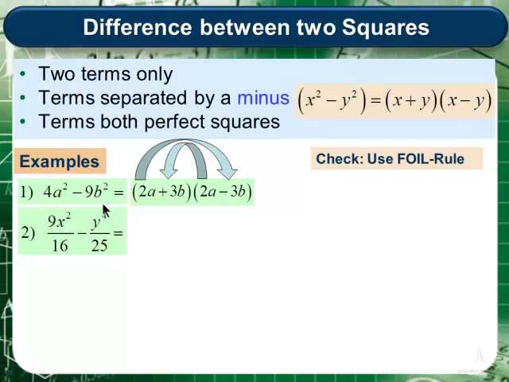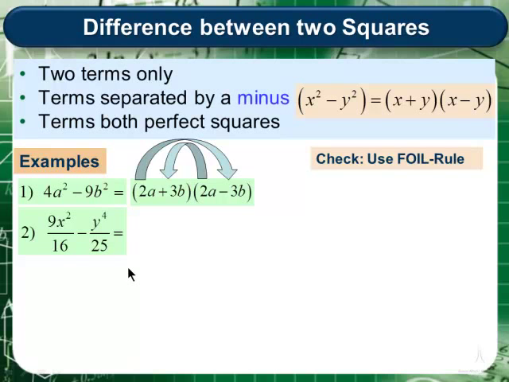The second problem, we are given these 2 particular terms, the difference of 2 terms, and both of them can be considered, apart from the negative, as perfect squares. Notice that the square root of the first term is 3x divided by 4, and if you look at the second term, y to the power 4 over 25, the square root of that will be y squared divided by 5. Of course, we just treat the negative separately in such a case.